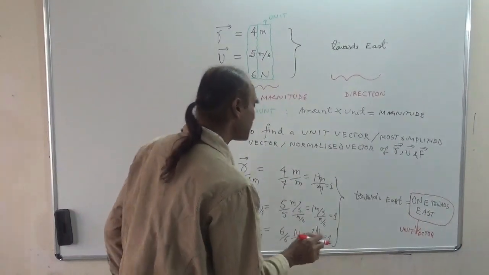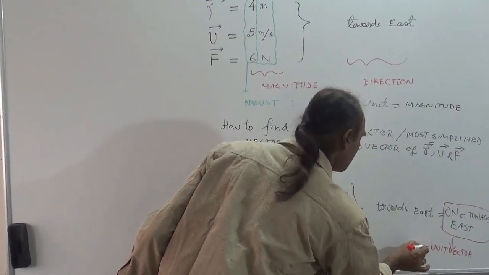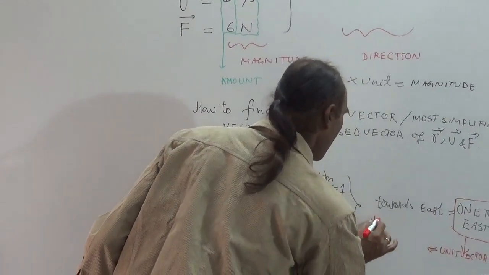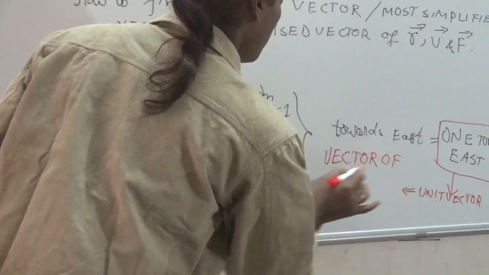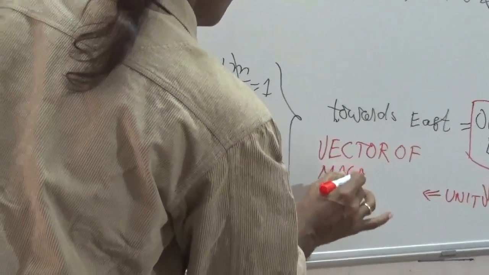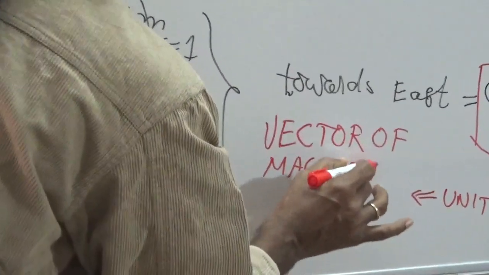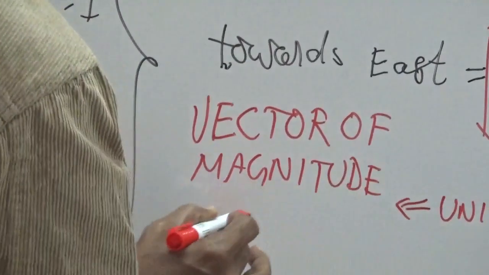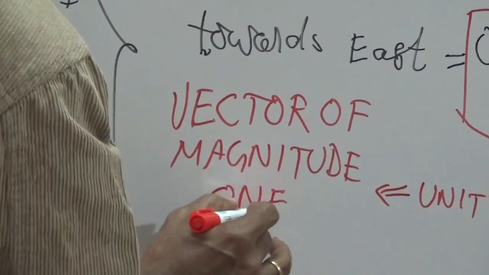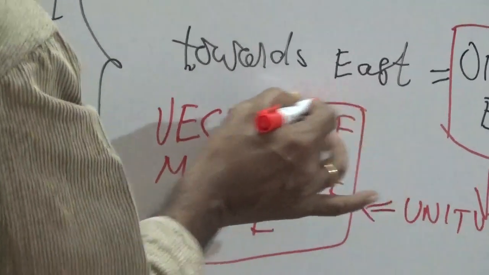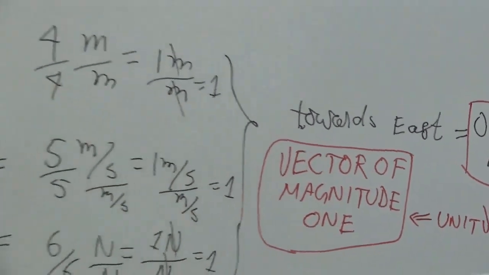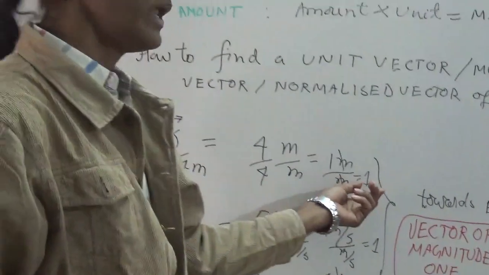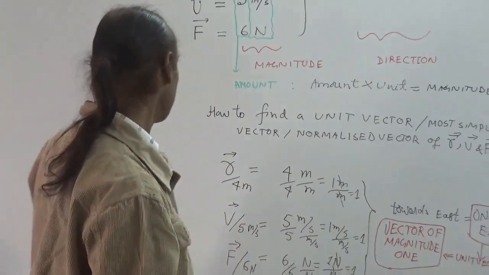So what is the unit vector? Unit vector is a vector of magnitude 1. It has only direction. Its magnitude is 1. It has no unit, no dimensions.